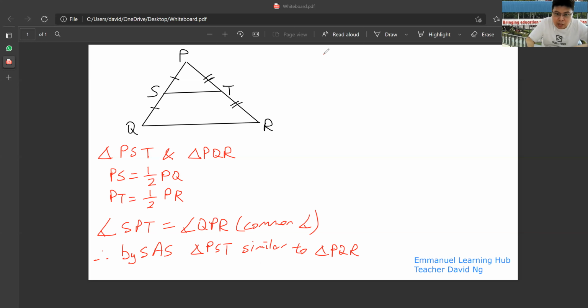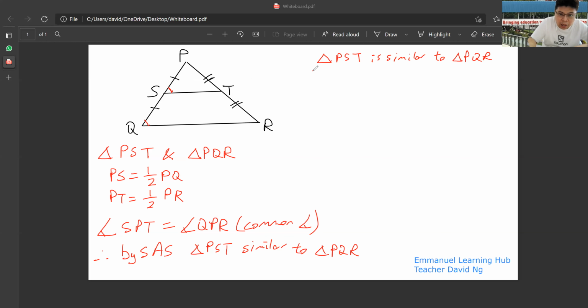So my triangle PST is similar to triangle PQR. Because they are similar, these two angles will be the same angle, since they are similar triangles.